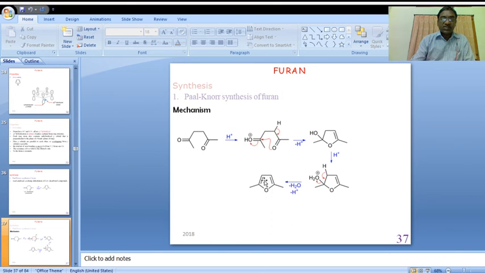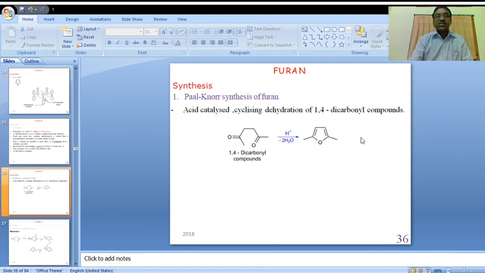Where are the substituents? Second position, methyl. This line indicates methyl, and at the fifth position, another line indicates another methyl. 2,5-dimethylfuran is the final product from the Paal-Knorr synthesis.